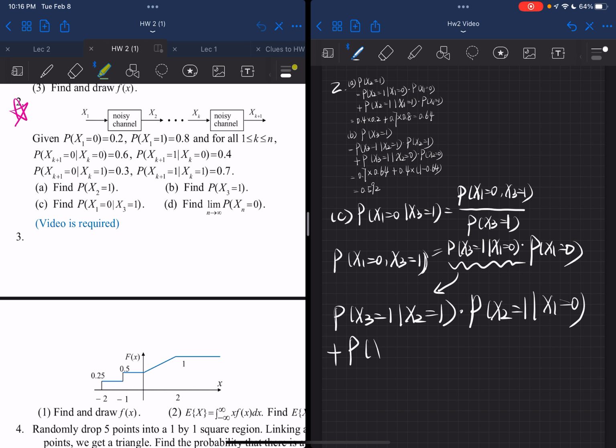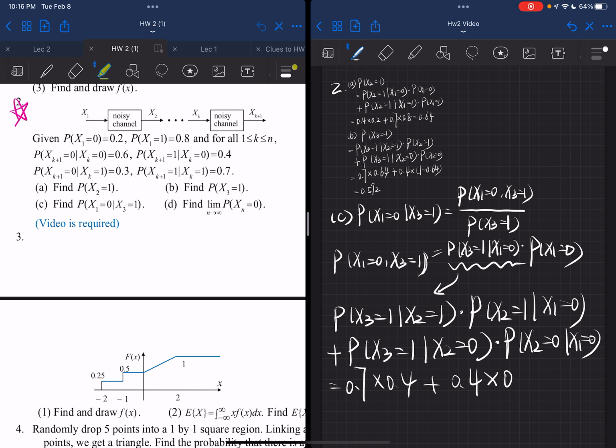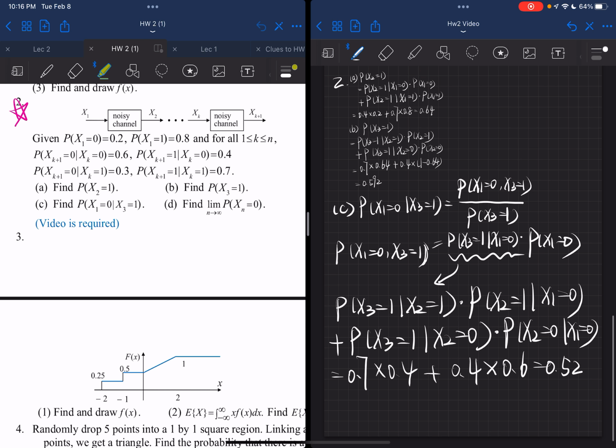Plus the probability that x3 equals 1 under the condition that x2 equals 0, where we have no constraint about the value of x2, times the probability that x2 equals 0 under the condition that x1 equals 0. Then we just plug in the values, 0.7 times 0.4 plus 0.4 times 0.6, which is 0.52.